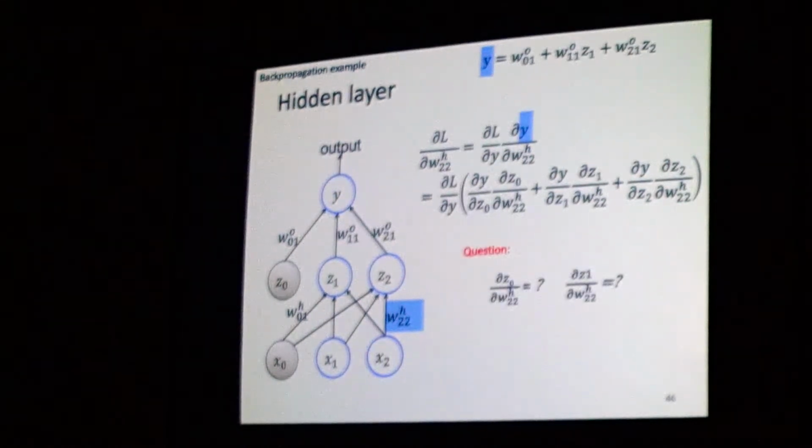Now the question is, what is partial Z0 over partial W22H and partial Z1 over partial W22H? Zero? Different opinions?